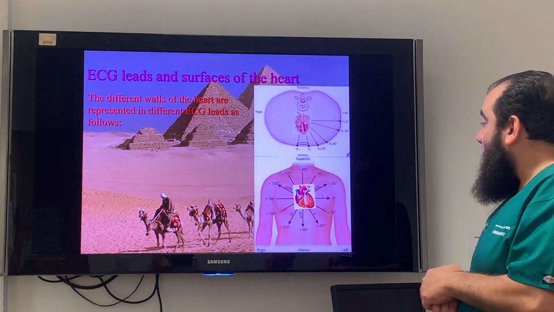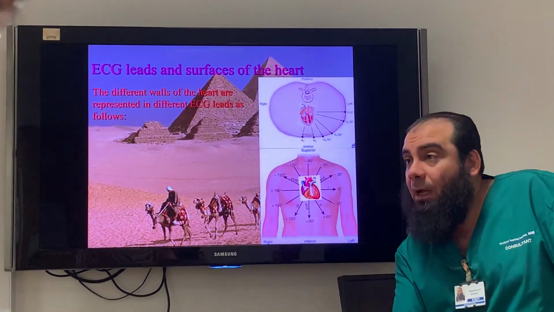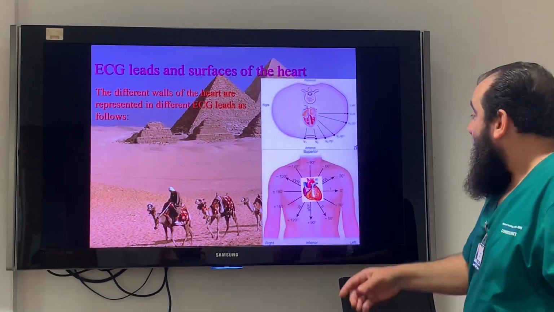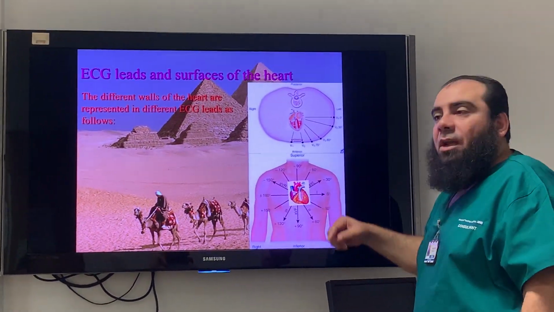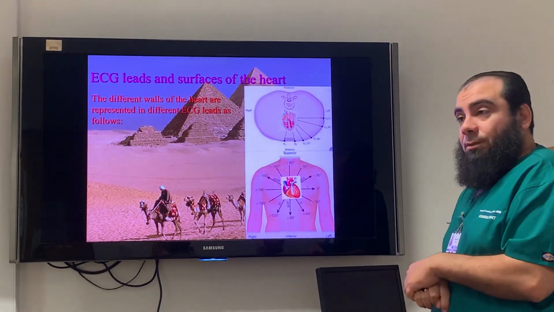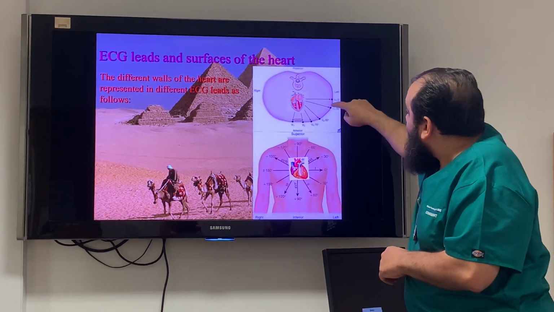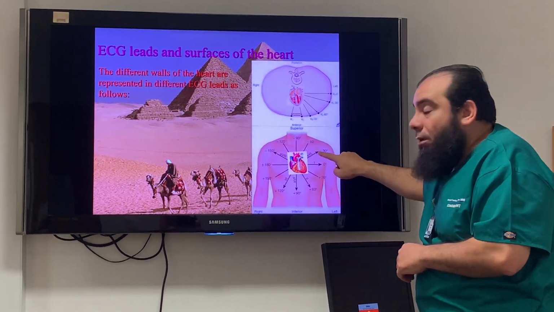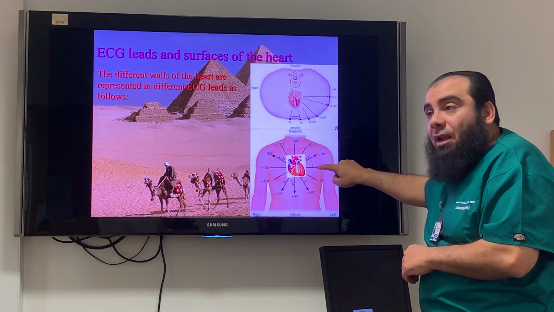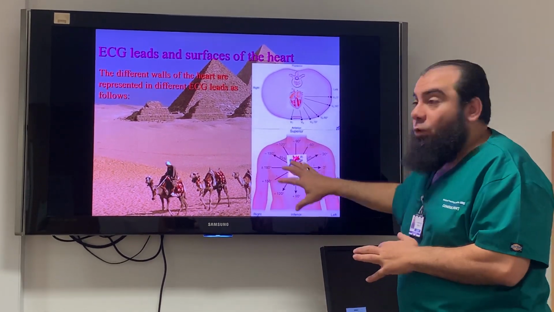Yes, leads 2, 3 and aVF. Absolutely, it is the mirror coming from below. If we would like to look at the lateral aspect of the left ventricle, where can we look? V4 to V6, so here, that area, and from there, again, aVL and lead 1 can look at it. So simply you can guess where they lie.